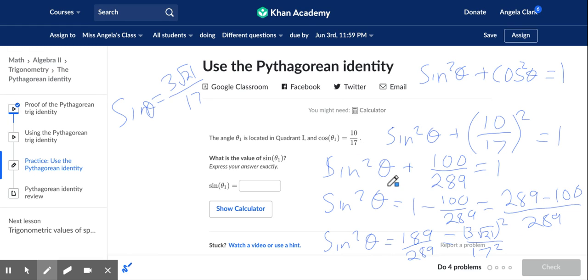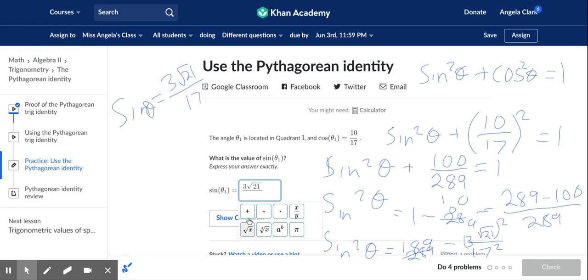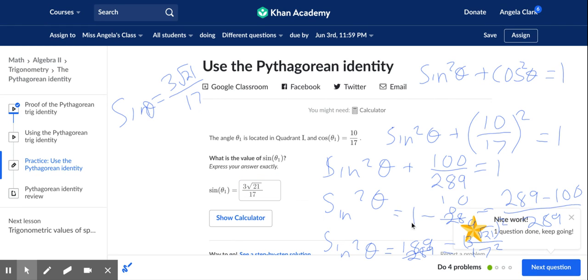The denominators of sine and cosine should match, and you'll see why when I explain the other way of solving this. But first, let's check our answer. So we're just going to do 3 root 21 divided by 17. Good, okay.